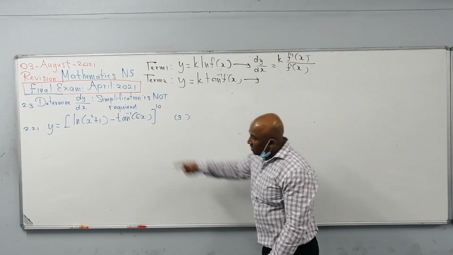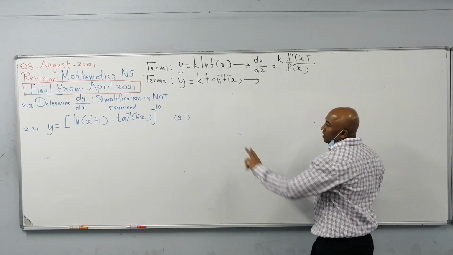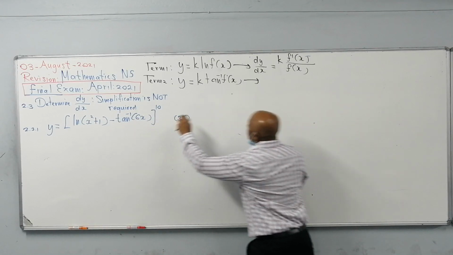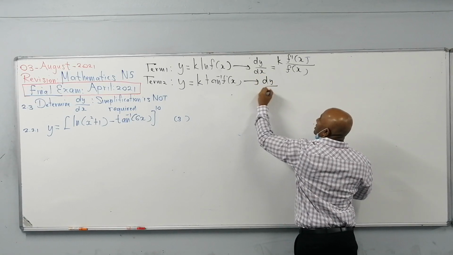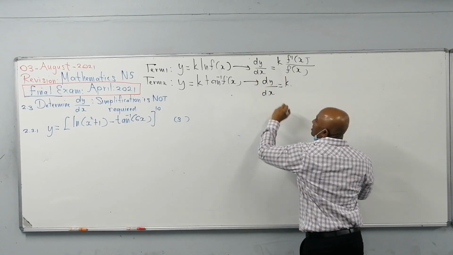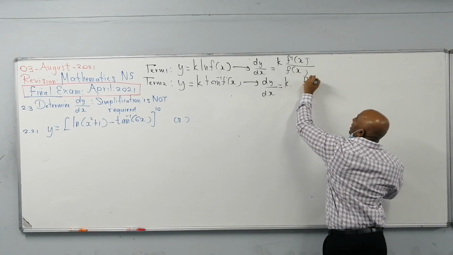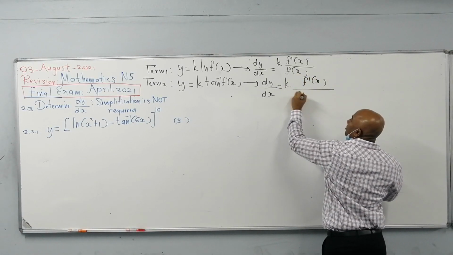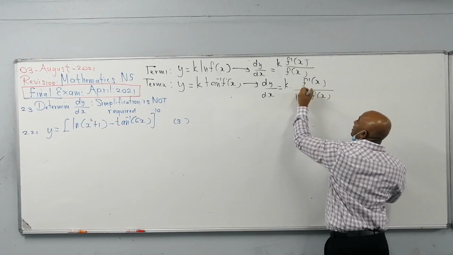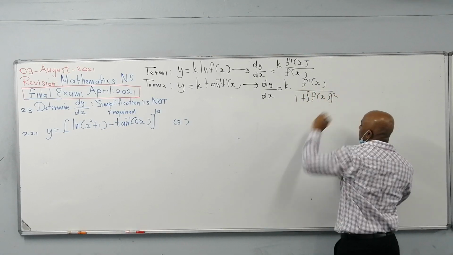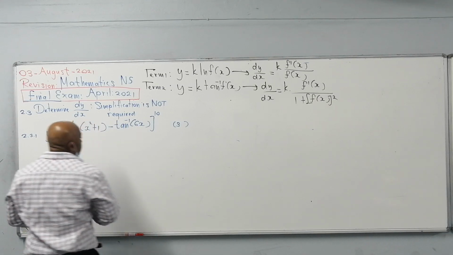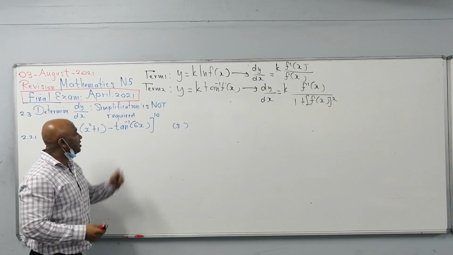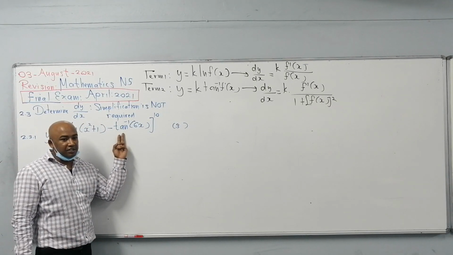Then when we come to inverse tan, your dy over dx, your k is just a constant. This is going to be f prime x all divided by 1 plus f of x all squared. This is differentiation of inverse trig functions.